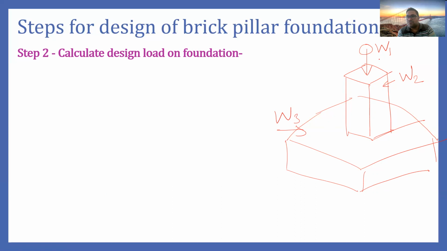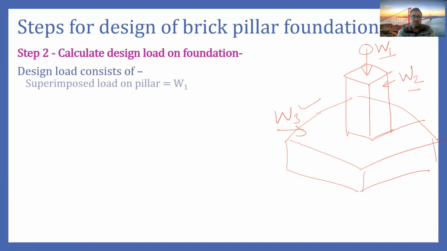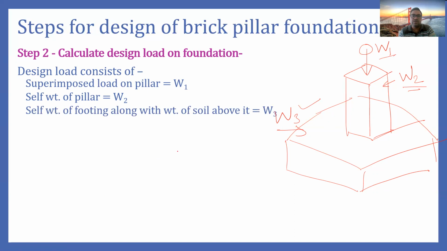The summation of W1, W2, and W3 will be the design load, and that is what we will actually calculate. So W1 is the superimposed load coming on the column, W2 is the self weight of pillar, and the third one is the self weight of footing along with the weight of soil above it. That is W3.